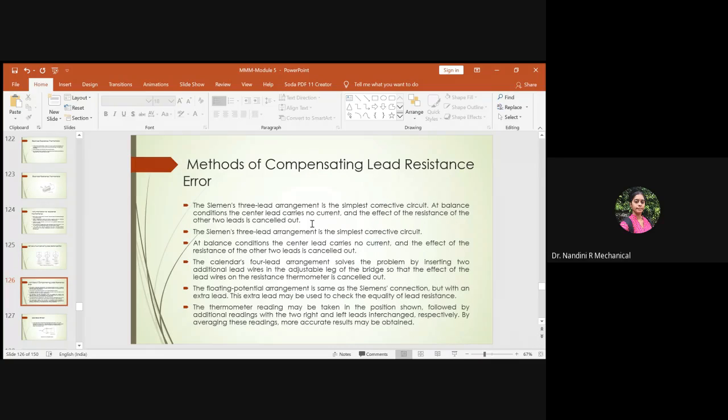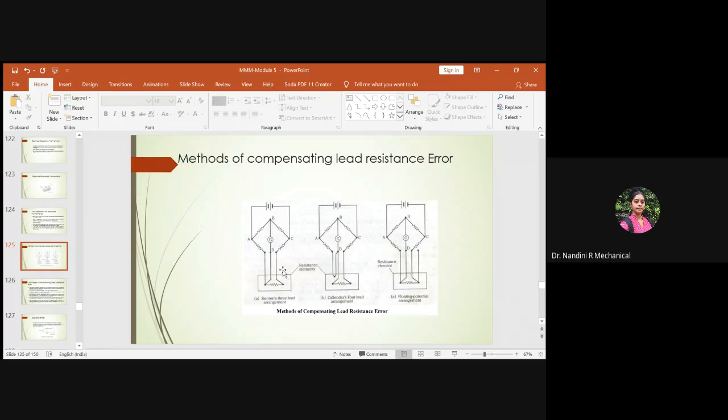The center part will not carry any flow of current, and the effect of resistance of the other two ends is cancelled out. Why is it cancelled out? The effect of the resistance in the other two lead wires gets nullified because both wires are made up of the same material. So when there is a flow of current in the same ambient temperature condition, these two get cancelled due to the same magnitude.